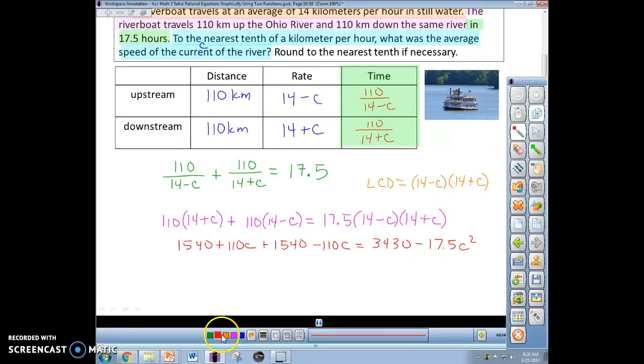In this case, our linear terms zero each other out. This is a good example of a structure where our square root property would be probably the best strategy for solving it. The square root property yields 17.5C squared equals 350.